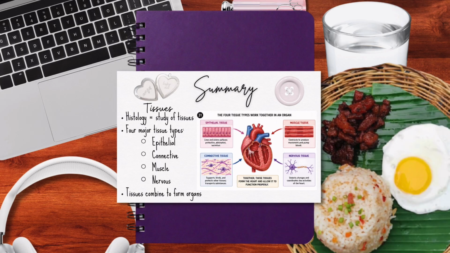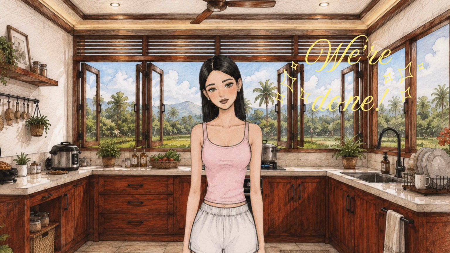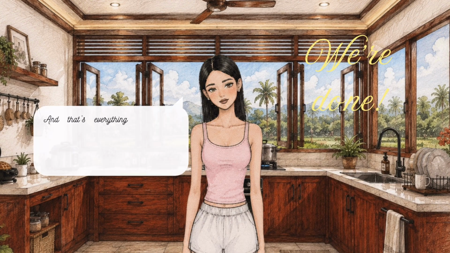Every organ in the human body is built from these 4 tissue types working together, each contributing its own specialized role. By understanding tissues, you'll have a strong foundation for learning about organs, organ systems, physiology, and many of the clinical concepts you'll encounter. And that's everything for today's lesson.